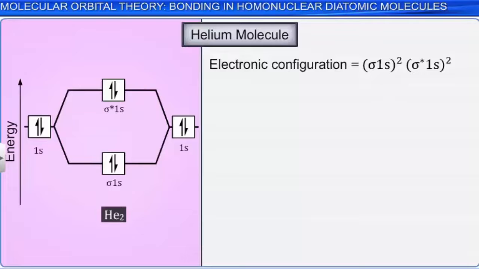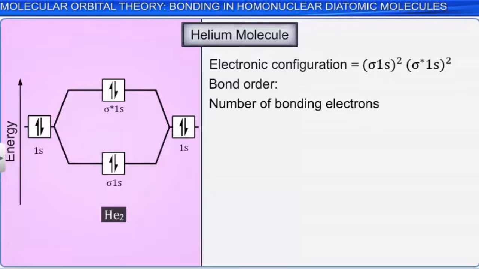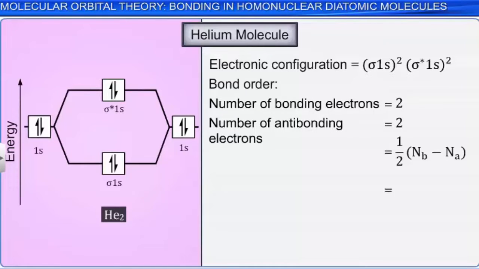Now, from the electronic configuration of helium, we can easily derive the bond order of the molecule. As the number of electrons present in both the bonding orbitals and antibonding orbitals is 2, the bond order is equal to 2 minus 2 divided by 2, which is equal to 0.